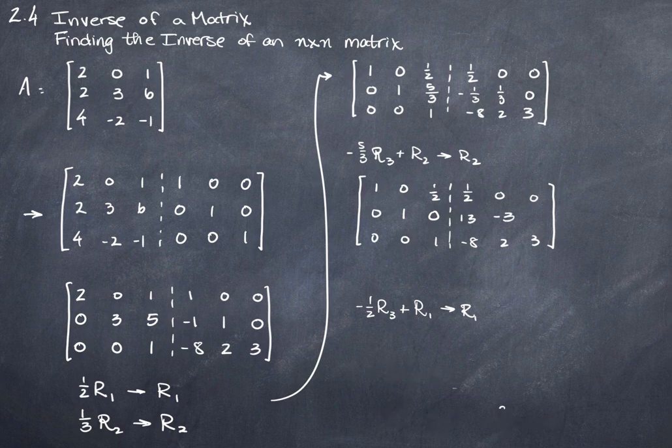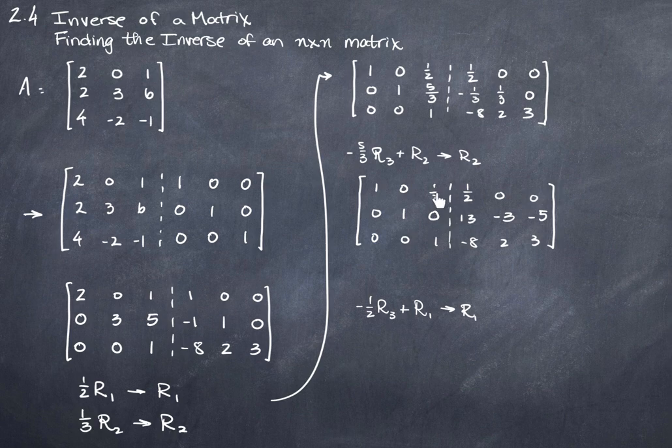And my last entry here is negative 5/3 times 3 plus 0. Those cancel and I get just negative 5. Okay, so that is row 2, and I now have the pivot and zeros either side of it.